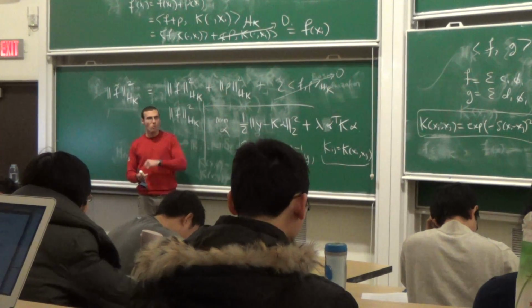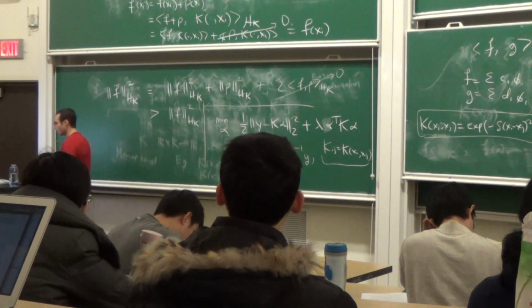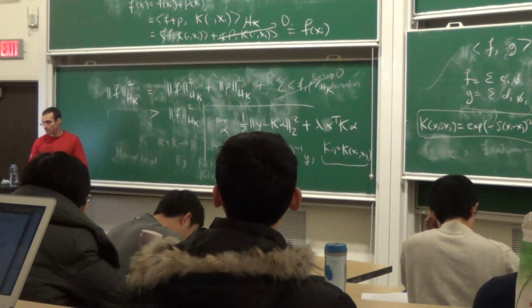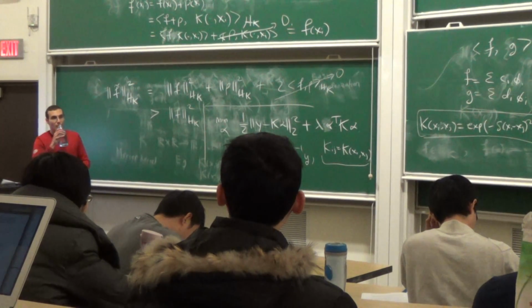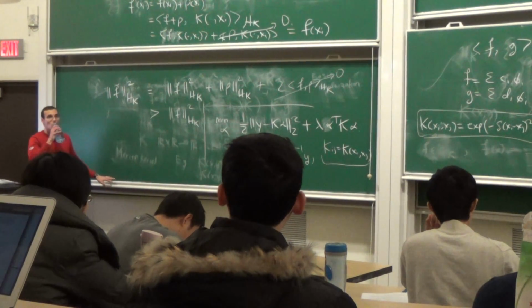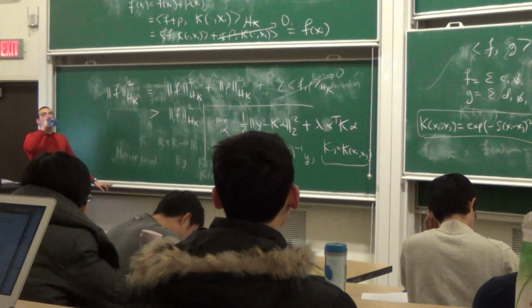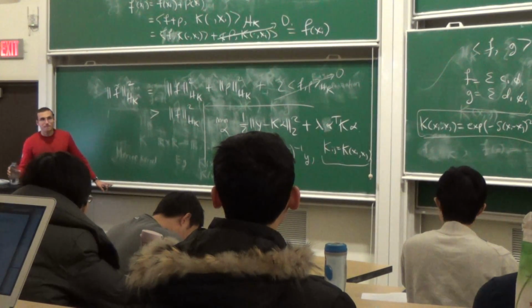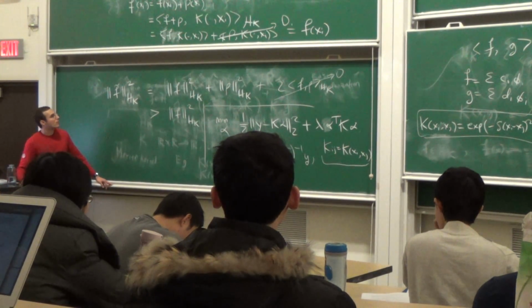Questions? Yeah. Continuing to F tilde, you said F tilde is F plus rho, which means F tilde doesn't lie as a linear combination of the kernel representatives. Yeah. But then later on you represent F plus rho as a linear combination of the kernel. Sorry, I didn't quite follow the question.